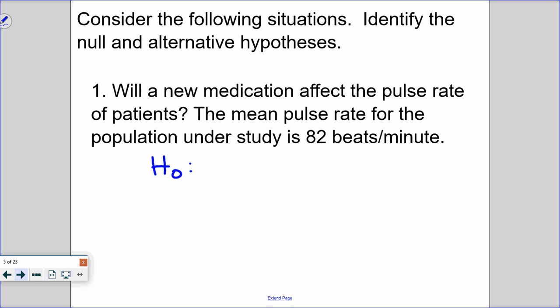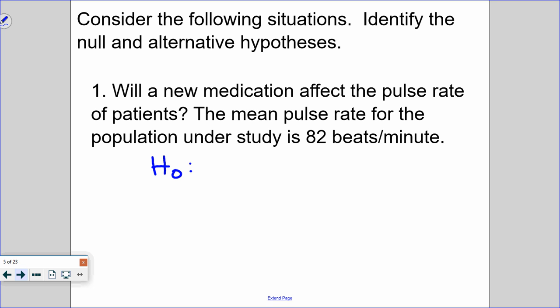So the parameter for this is what? Is it pulse rate? Mean. Okay, so our parameter is the mean. And what symbol do we use for mean?